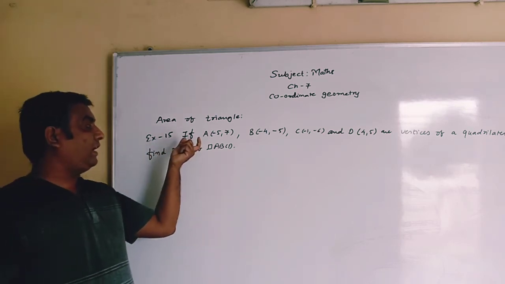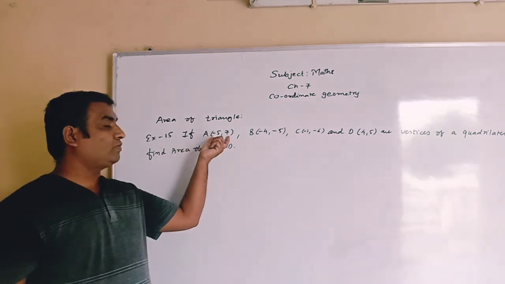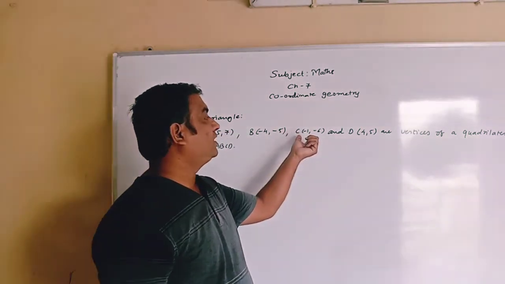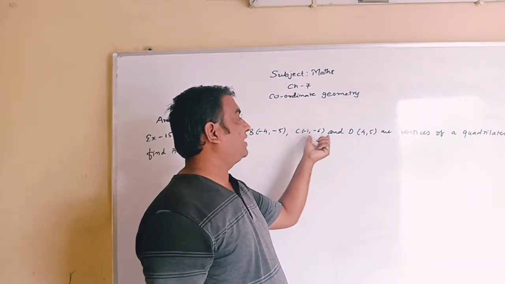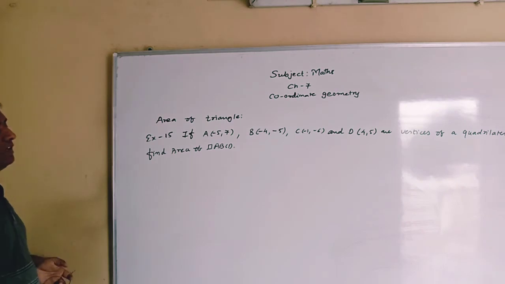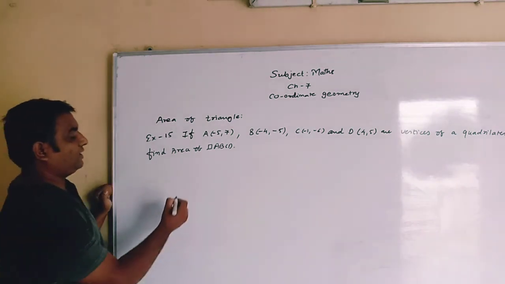Example 15 we have: if A equals (−5, 7), B equals (−4, −5), C equals (−1, −6), D equals (4, 5) are the vertices of a quadrilateral, find the area of quadrilateral ABCD.